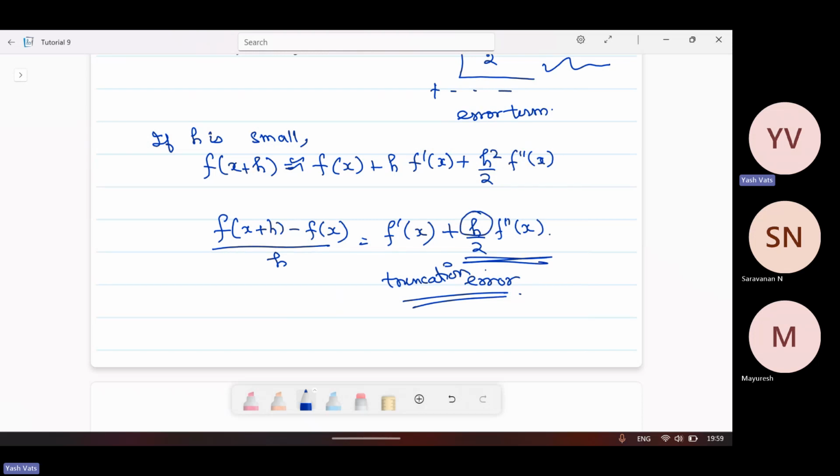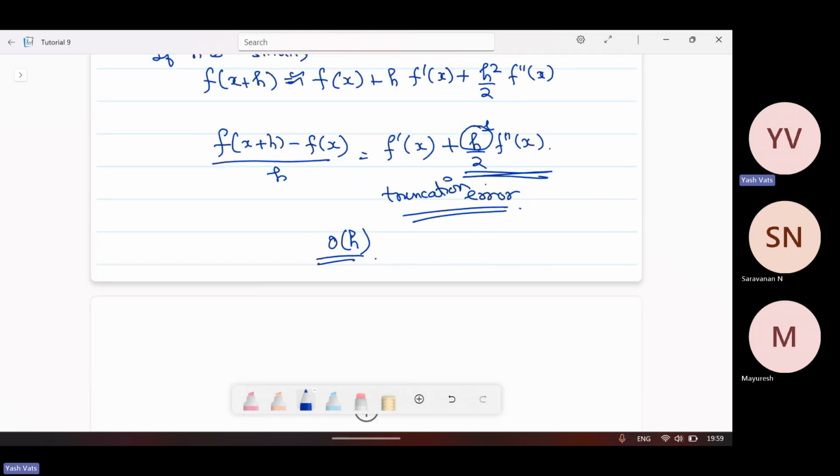Here h is raised to the power 1, so we say it is order of h. If you remove this error, then you will get an approximation that f dash x is approximated by (f(x + h) minus f(x)) by h. That you know as the definition of f prime x.